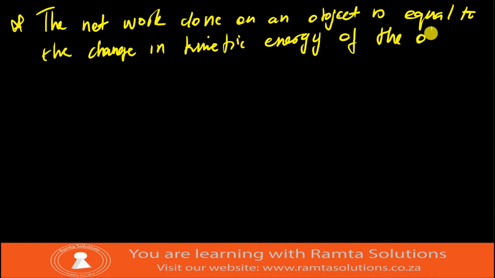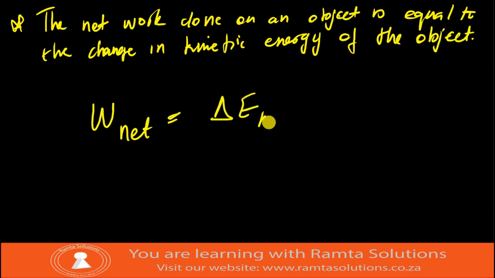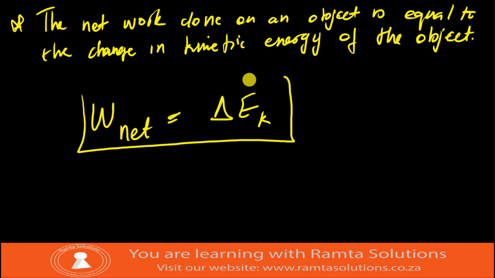Of the object. Let me write it again. We say net work is equal to the change in kinetic energy of the object. You know that this change in kinetic energy is basically the kinetic energy of the final state minus the kinetic energy of the initial state, right?